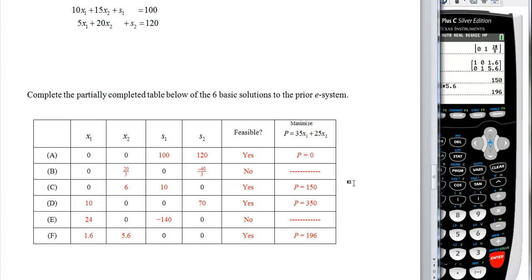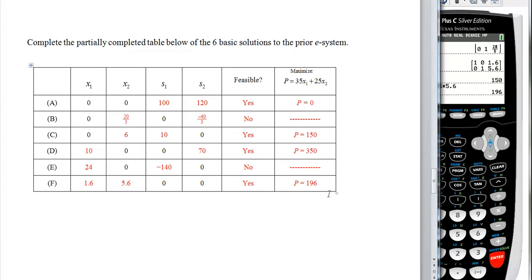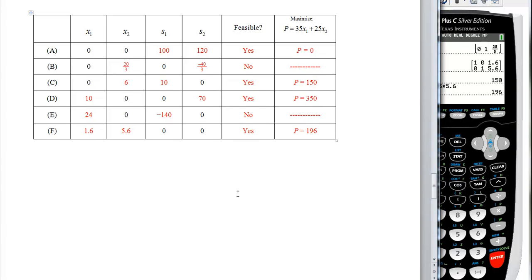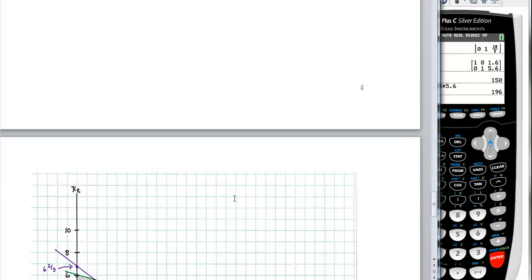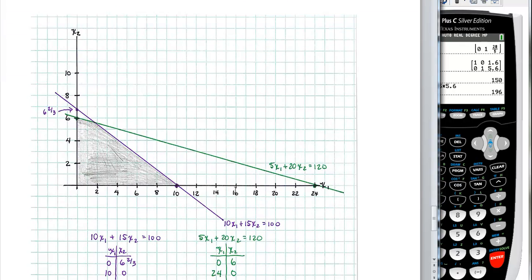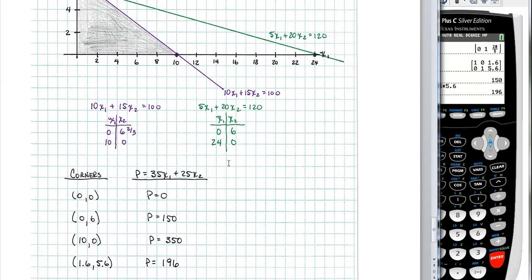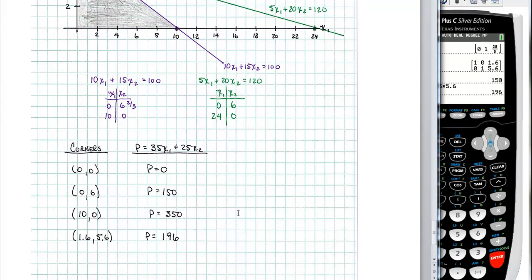Now, I think there's a few problems that I asked you in the homework to graph, to see if it does coincide, and I just went ahead. Now, it didn't take us much time to do this. You need to look at this paper, page 4. This is not in your handout, but I need you to check out these corners and the objective function and see if that's not the exact same thing that we've got.